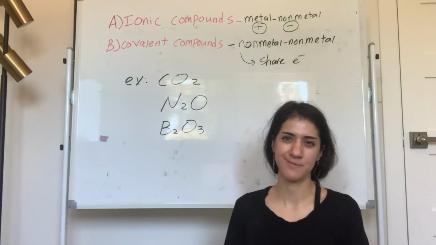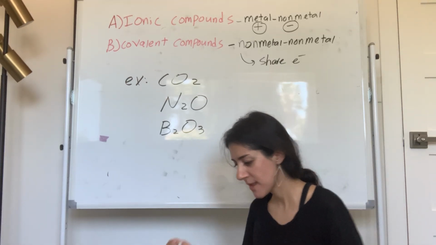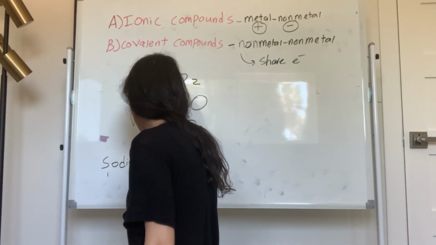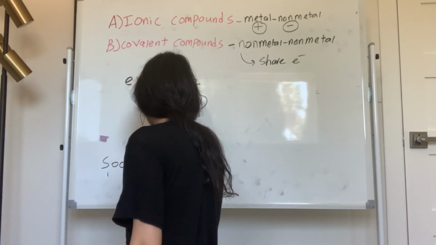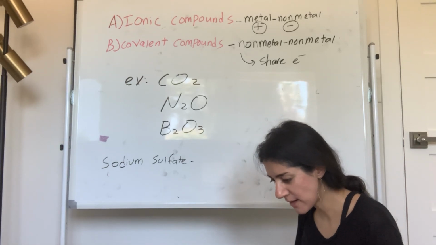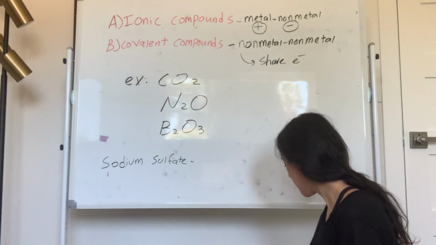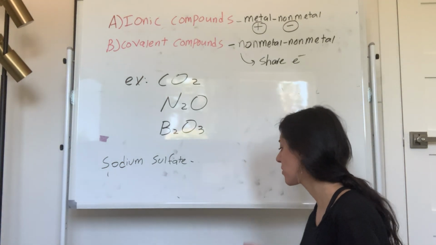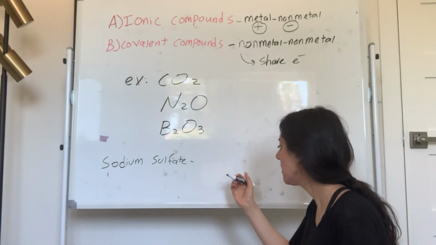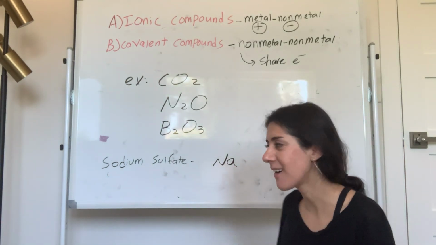Now, here's a problem. If I tell you to write down the formula for sodium sulfate, that's an ionic compound. Can you do that right now? So you're going to say, okay, sodium is Na, sulfate is a polyatomic ion.